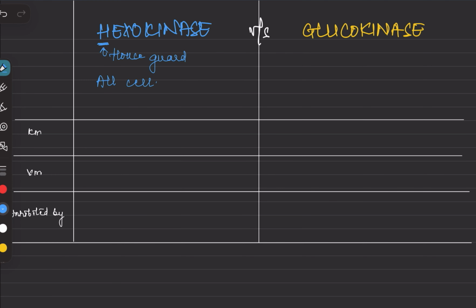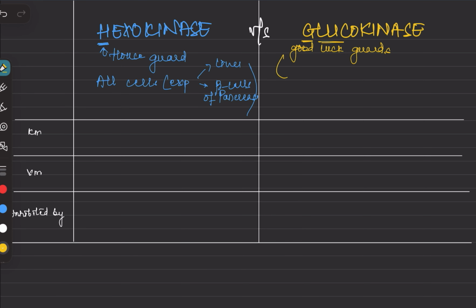All cells except liver, beta cells of pancreas. Glucokinase, GLUC, good luck guards.